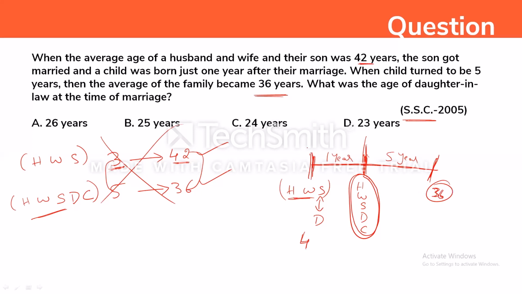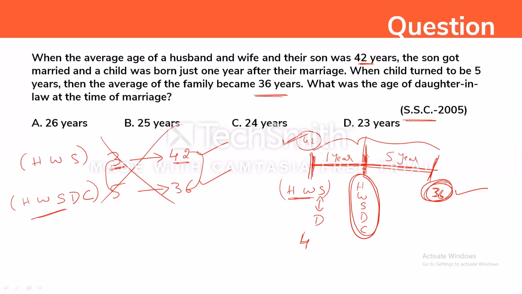At the starting itself, it is 42 years. But 36 is the average after how many years? 1 year completed here and 5 years completed, so after 6 years the five members' average is 36. Before 6 years only three members are there, and their average is given as 42.